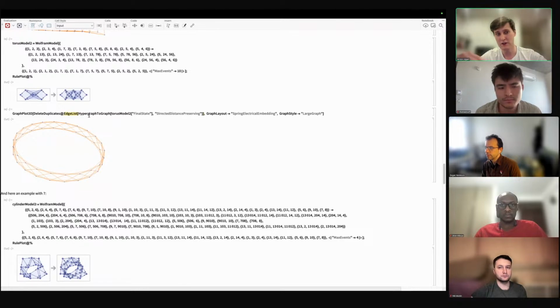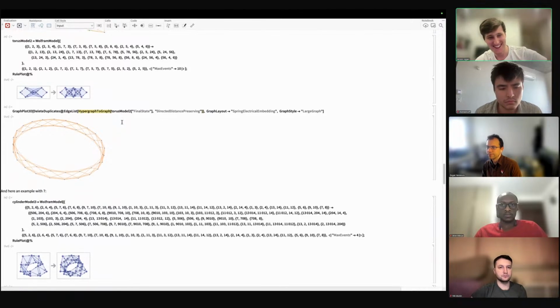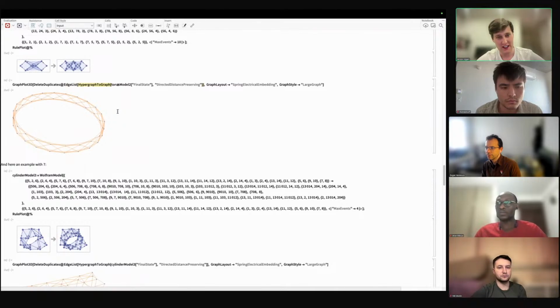I'm artificially deciding that, but it's about moving to a different rule at some point and seeing what happens from there. You can essentially define different phases of your evolution.